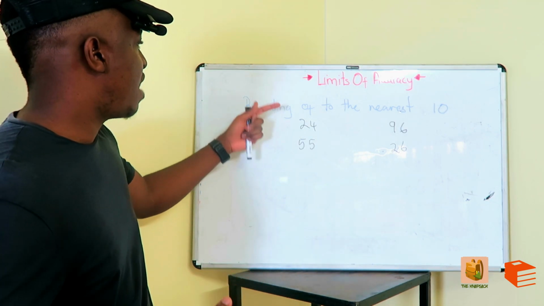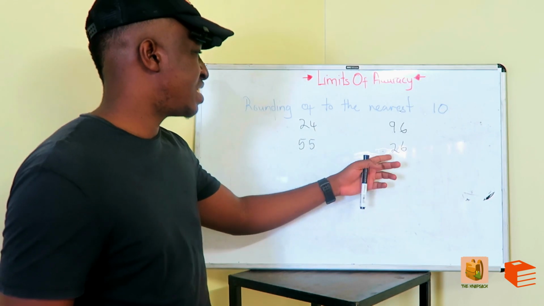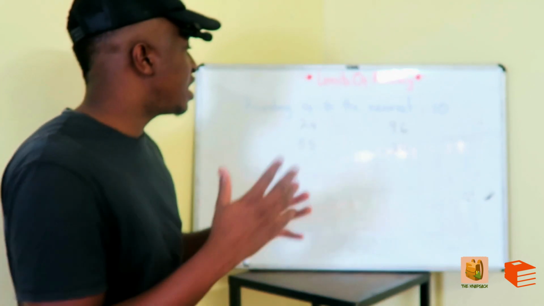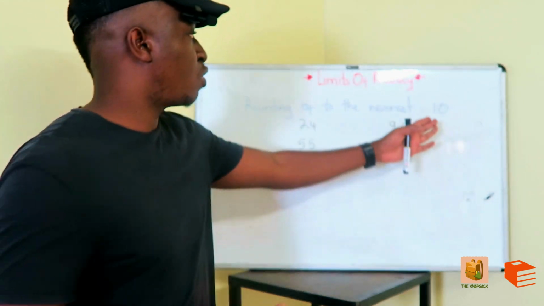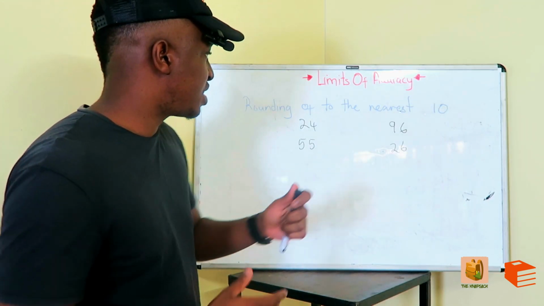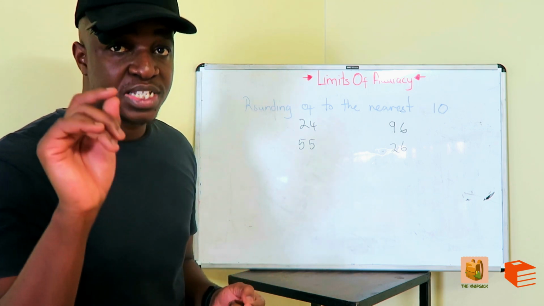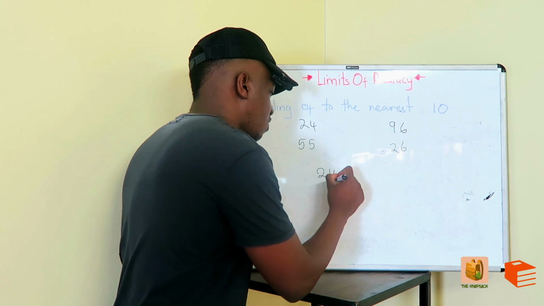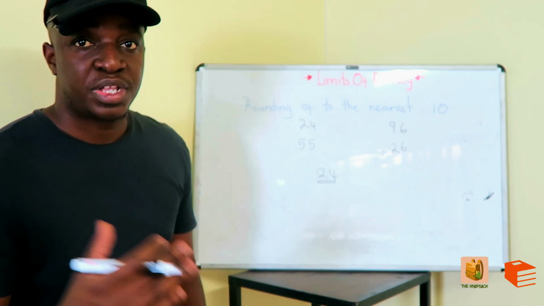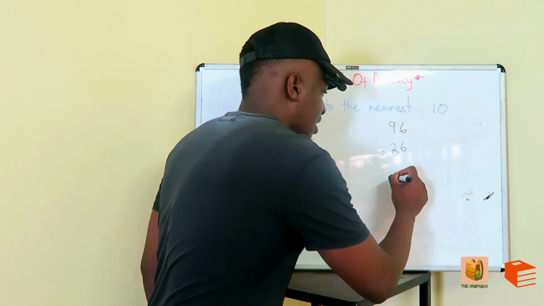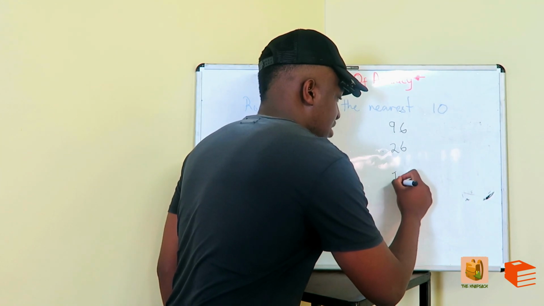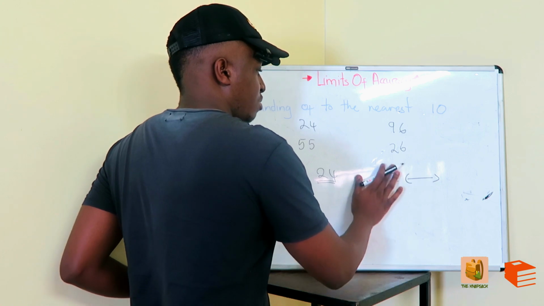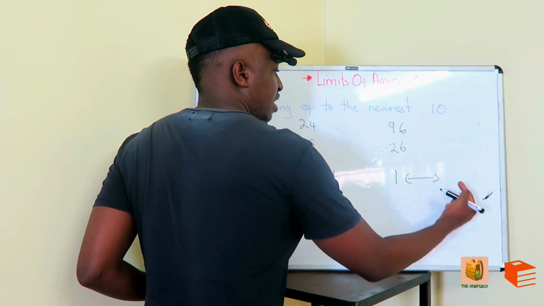Now, here we have 24, 55, 96, and 26. Let's see how we can round off 24 to the nearest 10. First thing you need to do is learn the rules of rounding off to the nearest 10. Let's deal with our ones before we get to 10.